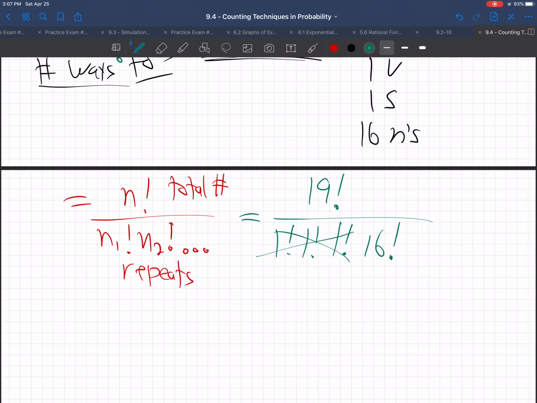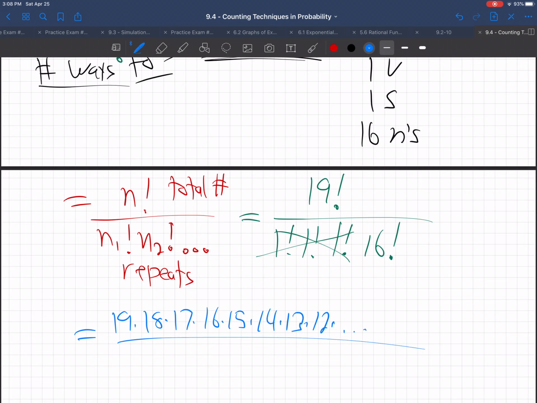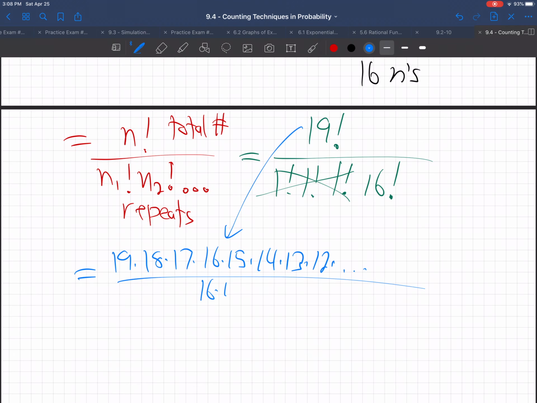So let's simplify this. This is 19 factorial, that's 19 times 18 times 17 times 16 times 15, 14, 13, 12, on the bottom 16 factorial. What's that? 16, 15, 14, 13, 12, isn't it? So you see what's going to happen, right?